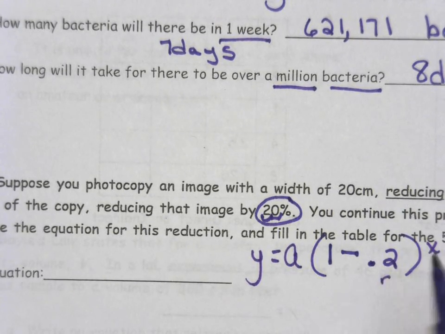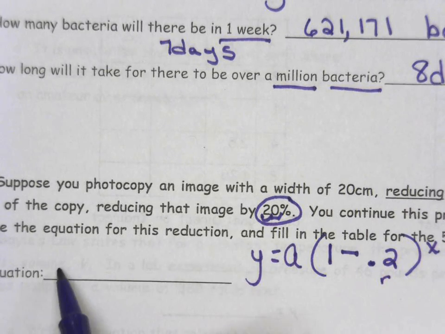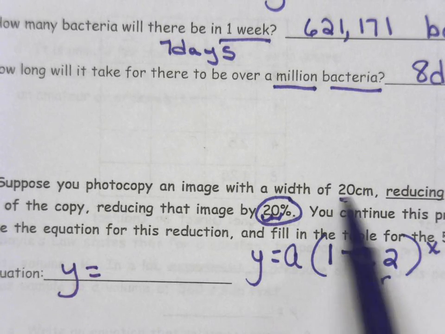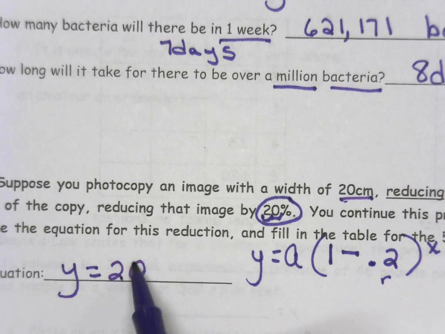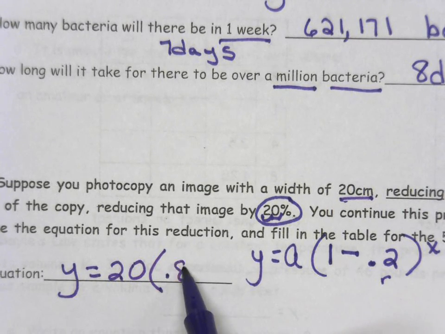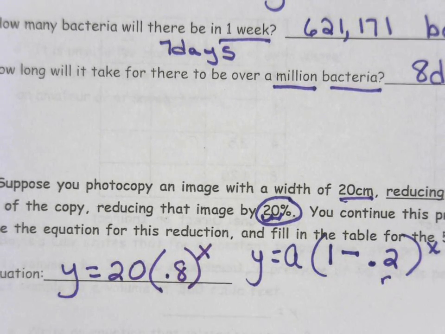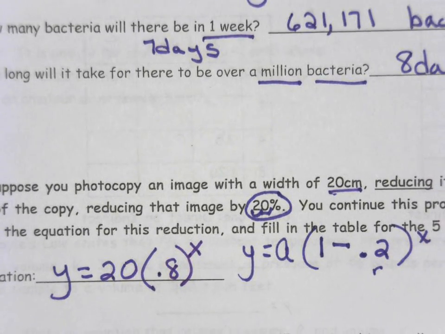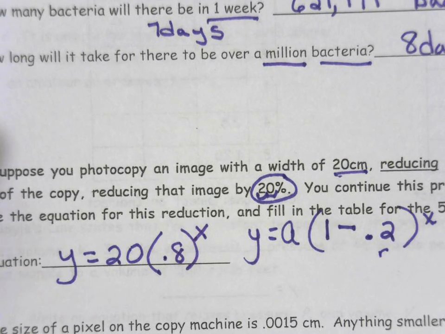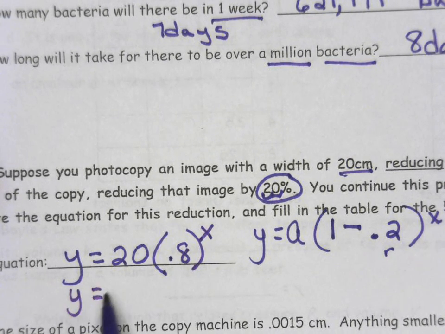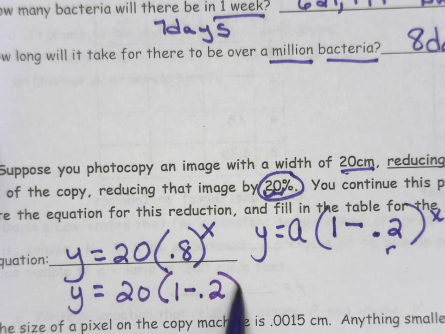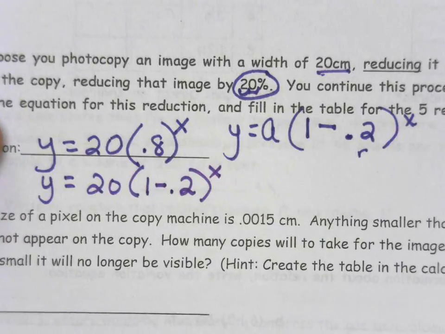Remember, this is your rate R in your equation, and I would simplify it so we get y equals my initial, which is 20 centimeters, and my rate of change would be 0.8 raised to the x power. Now we could plug it in here, and just as a reminder, you can write it like this, and it is the same equation. Okay?